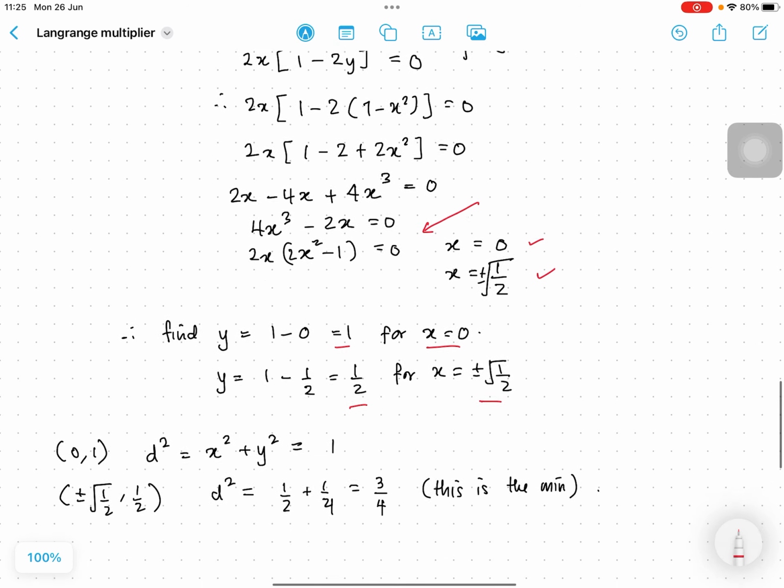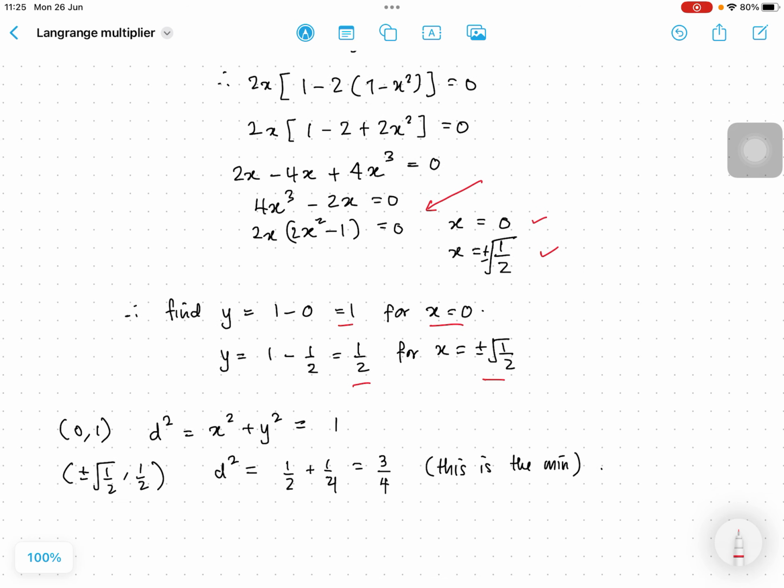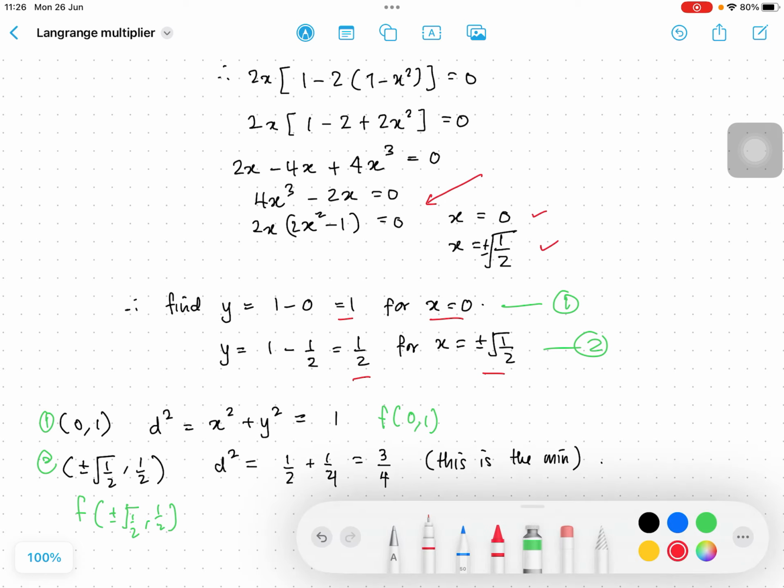If you want to see which point gives you the minimum, you choose these points. Let me do this in green perhaps. So this is 1 and 2, and you apply them to f. So f(0, 1), and this is f(plus or minus square root half, half).